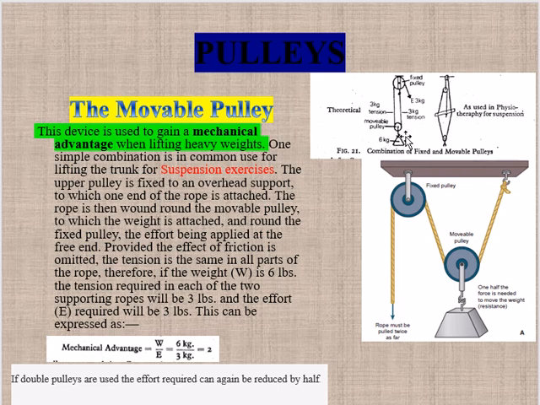That means if weight is 6 kg and effort is 3 kg, then we divide 6 by 3, which equals 2. So mechanical advantage here is 2. If double pulleys are used, the effort required can again be reduced by half.